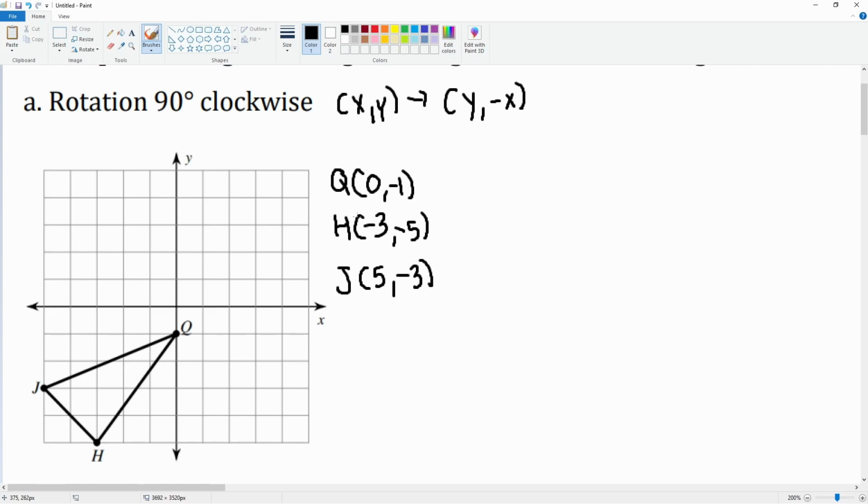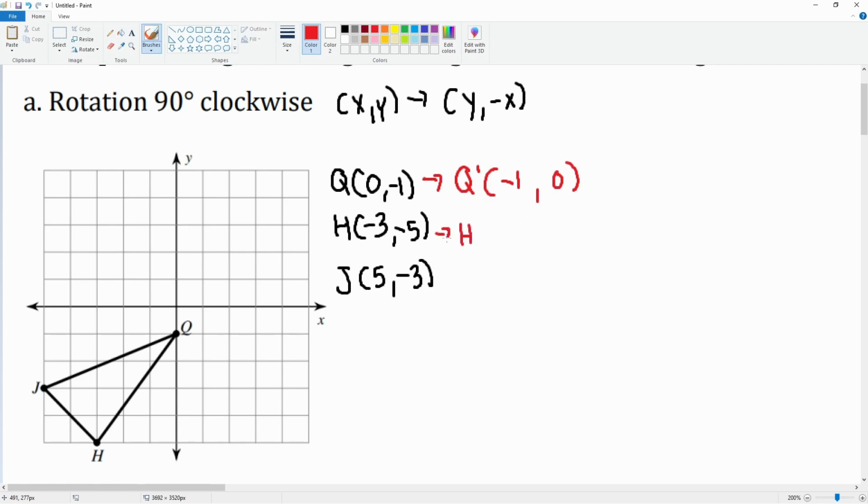These are all the original points. Then we apply the transformation. Q prime: we switch the values, so this becomes -1 comma 0, and the original x, which is 0, becomes a negative, so that remains the same.